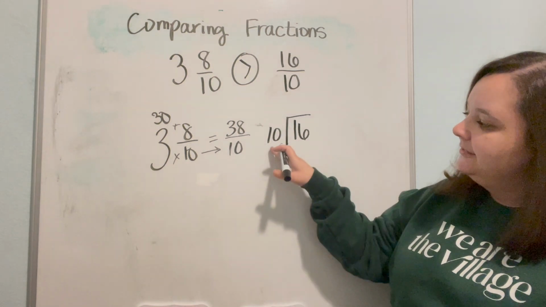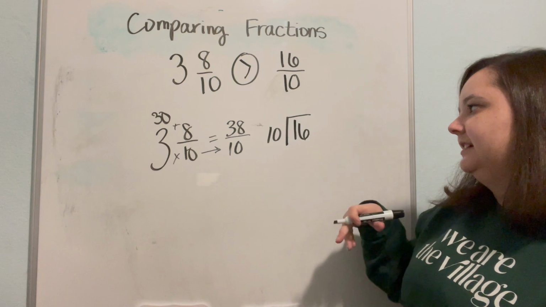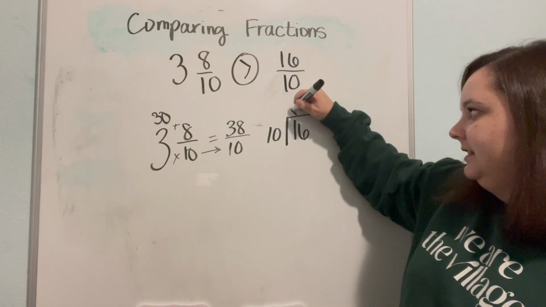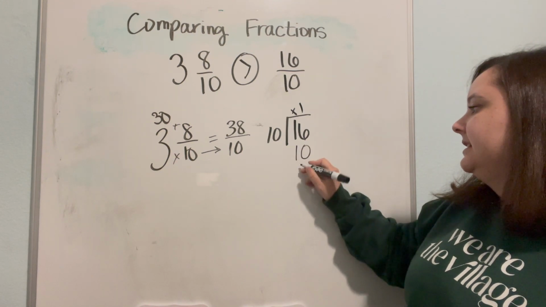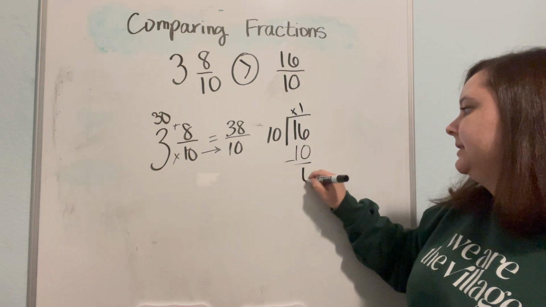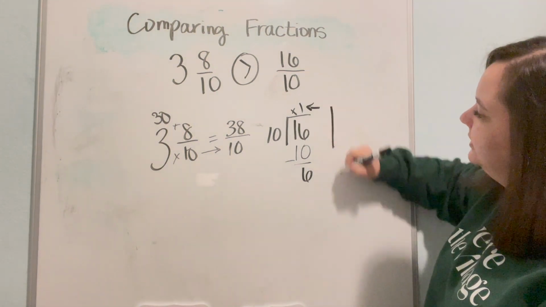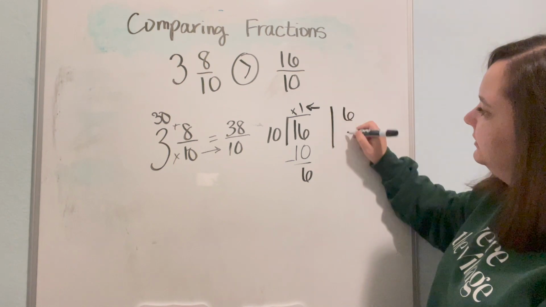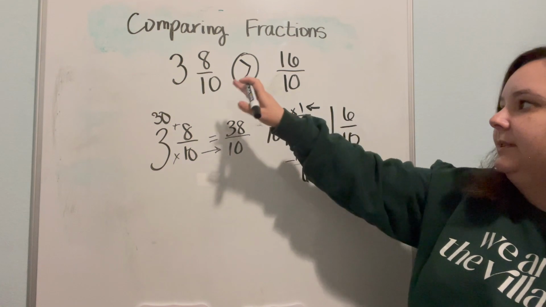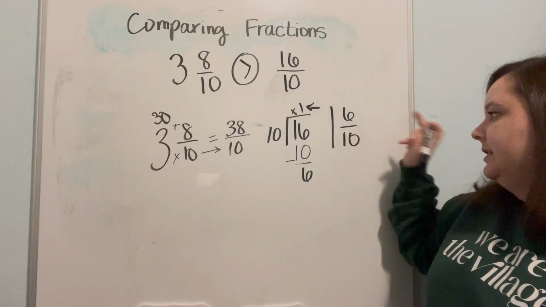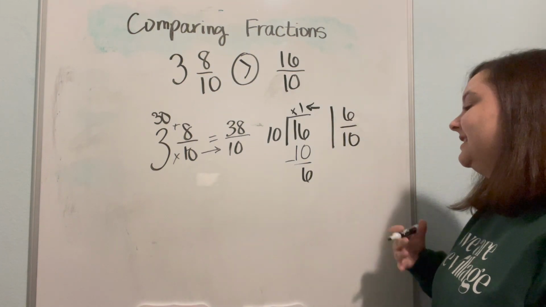We haven't talked about dividing by a 2-digit number in 4th grade, but we can see how many times 10 goes into 16, and that is a 1. So we have 16 minus 10, which leaves us with a 6. So here's our whole number, and here is our new numerator, and our denominator stays the same. So we can compare 3 8/10 to 1 6/10 and know that 3 8/10 is still greater than 16/10.